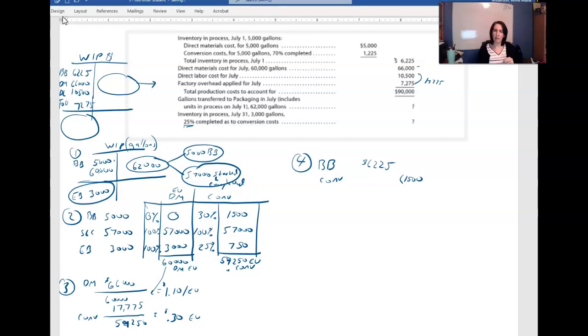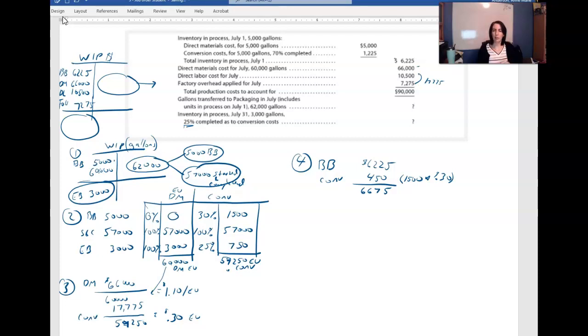That's what they needed to be finished at a rate of 30 cents a unit. So that is $450. So it cost us $450 of conversion costs to finish those items. So the total cost for those first 5,000 units is $6,675 when you transfer to the next process.